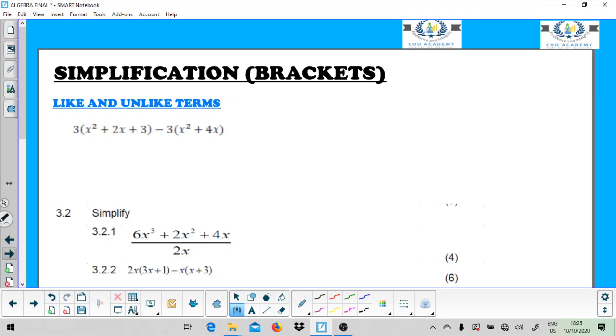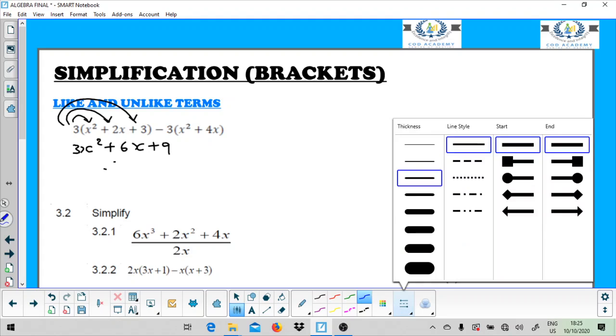So here I am going to just multiply 3 in. You distribute 3. 3 has to multiply in there. It has to multiply the second term, and it has to multiply even the third term. So we say you distribute the number just before the brackets. So it will be 3x squared, and then plus 6x, and then 3 times 3 will become 9. So we are done distributing the first one.